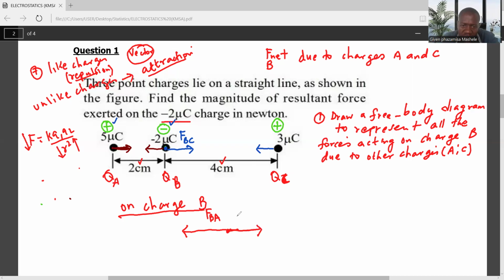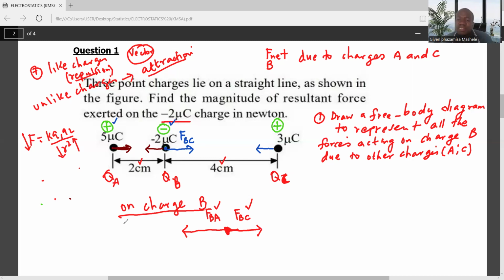So this is the force on B due to C, and this is our free body diagram. How many forces do we have? We have 2 forces. This one has a higher magnitude than this one because of the distance. You'll see when you do the calculations which one has the highest magnitude.